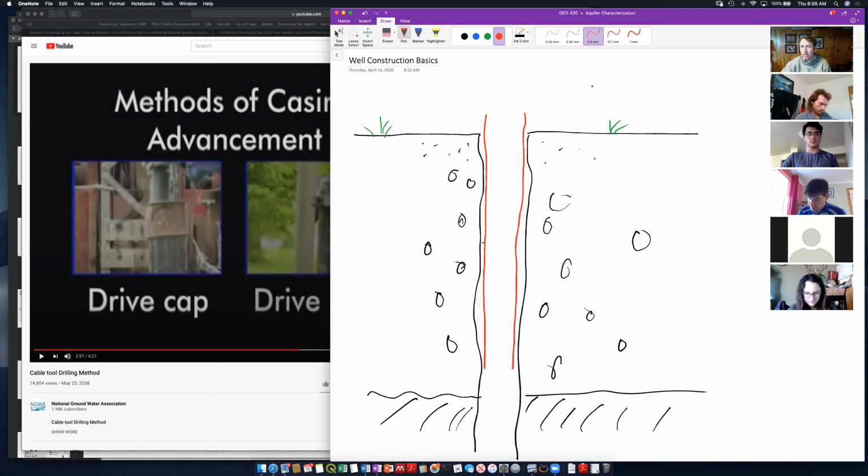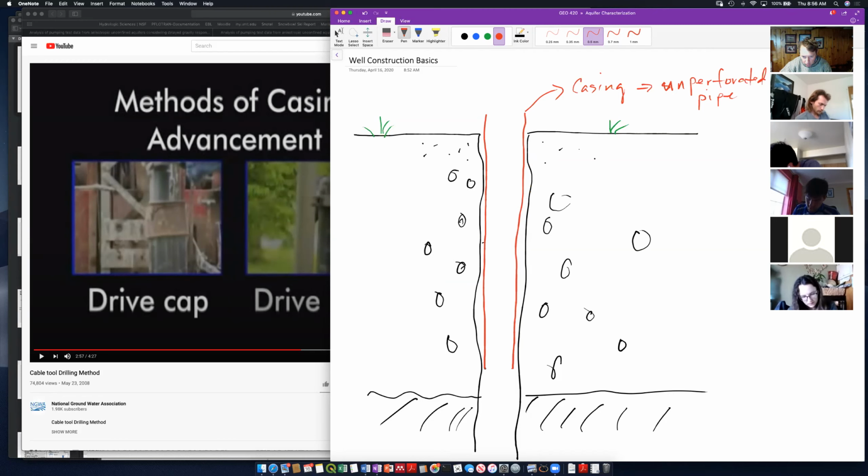All right, and the casing is just pipe, solid, unperforated pipe. And its mission here is to keep our drill hole open.